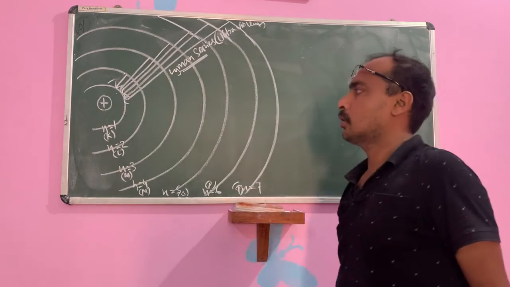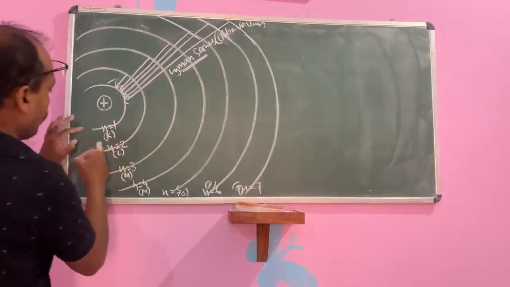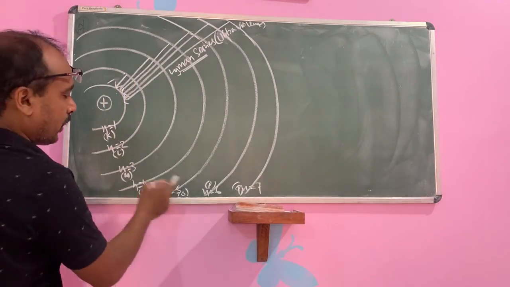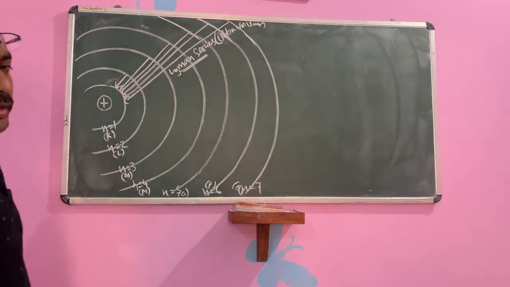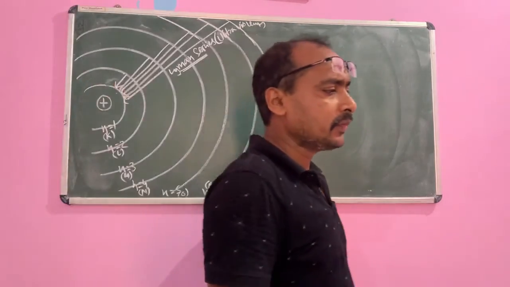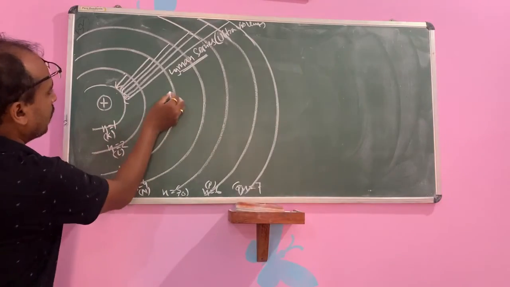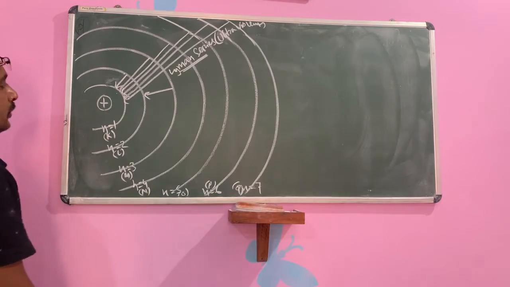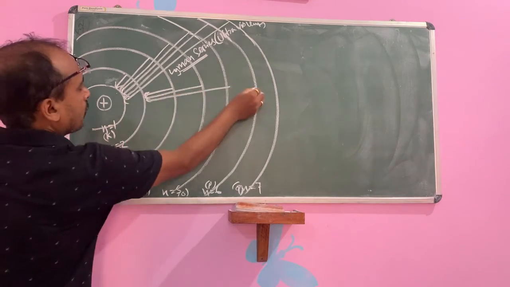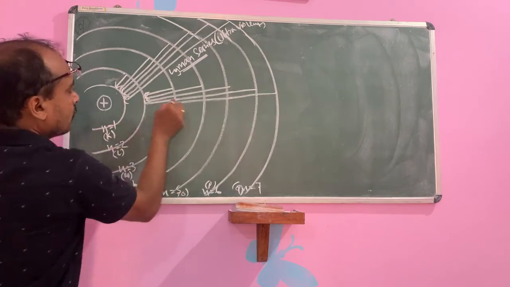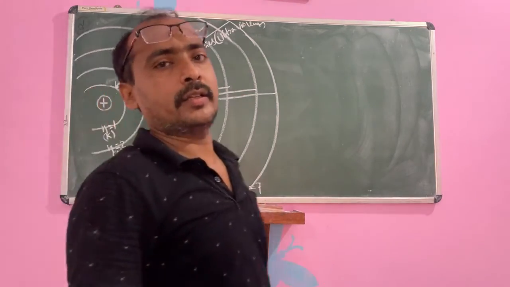The first series is 2K. 2K means L to K, M to K, N to K, O to K, P to K, Q to K, like this. 2K means Lyman series. Similarly 2L. Then the second series is the Balmer series.